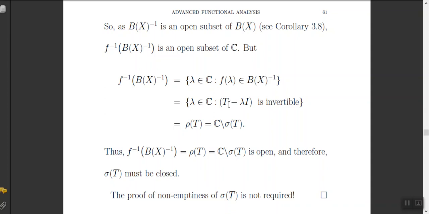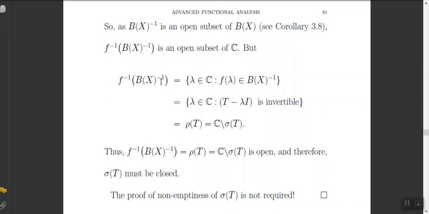And f of lambda is T minus lambda I. When you say it belongs to B(X) inverse, it means T minus lambda I is invertible. When you say invertible, what does it mean? It means the resolvent set, which is the complement of the spectrum.